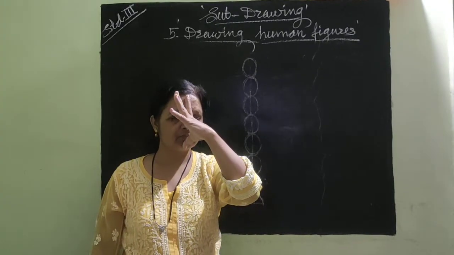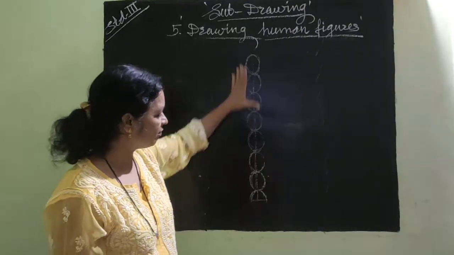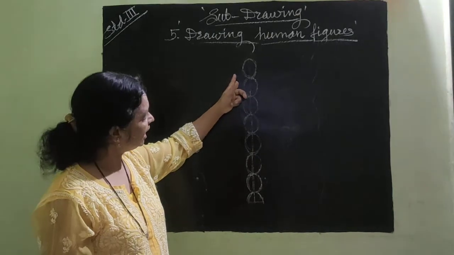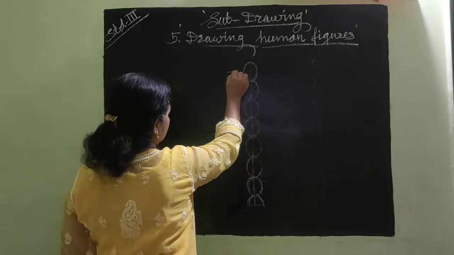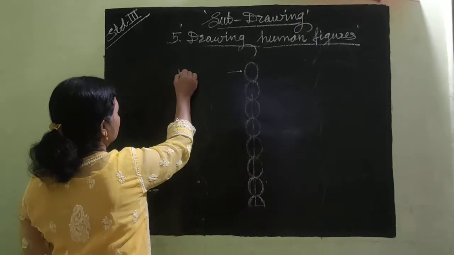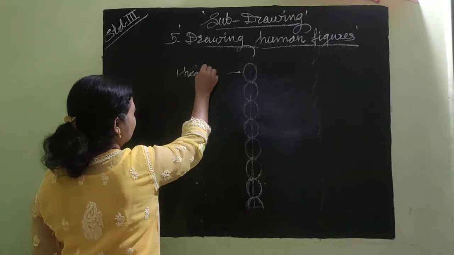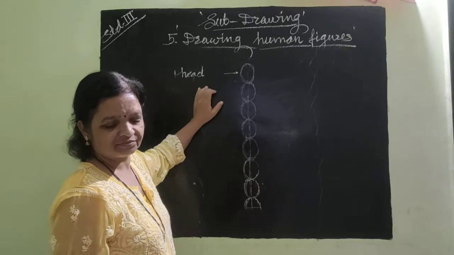This portion we take as the basic unit of our drawing, one head. So one head is equal to a face. One head. You can write here one face.